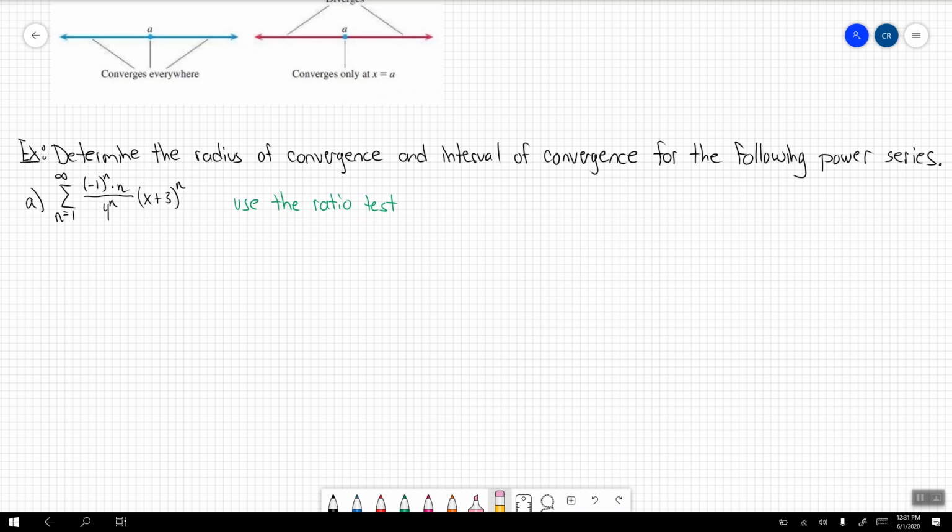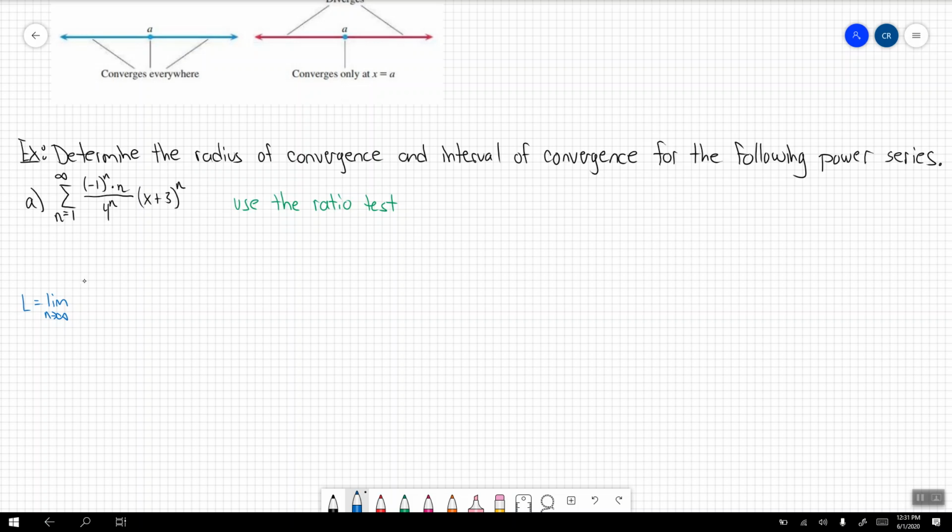Let me actually go a little bit higher. It is the limit as n tends to infinity of the absolute value. You know what, I'll leave that line out. For this function when we have n plus 1.